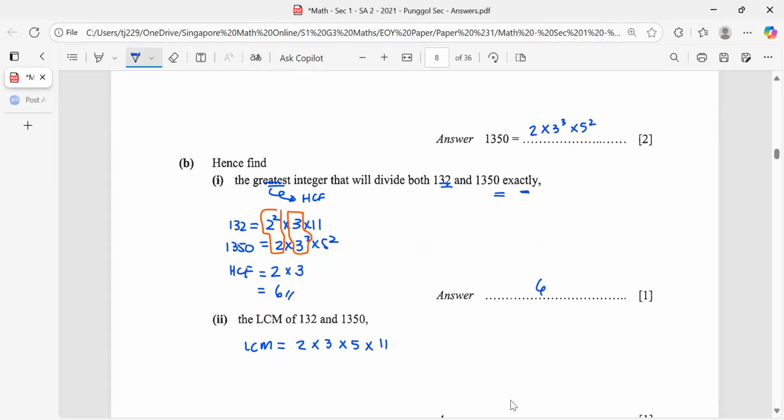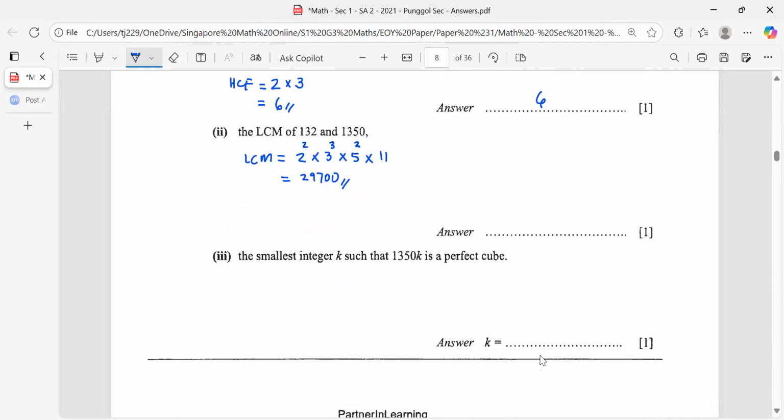And with the higher power, this is what we have. And let's input this into the calculator. Okay, so we get 29,700.